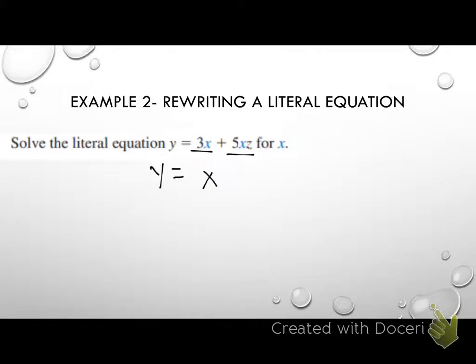So I can't pull anything out from those. And then do they have any z's in common? No. So 3x and 5xz have a greatest common factor of x. Does everyone see that? Okay. x times what would give me 3x? 3. And then x times what would give me 5xz?